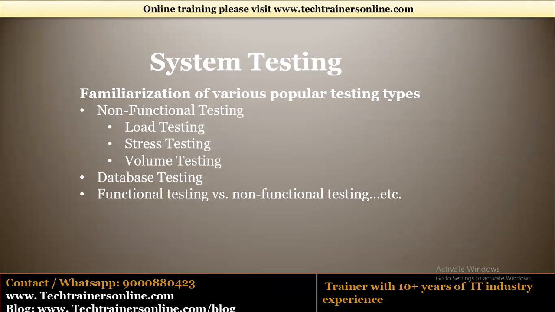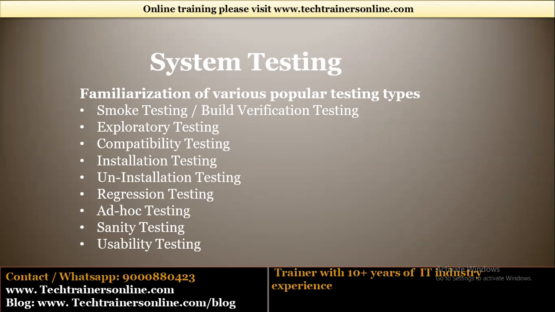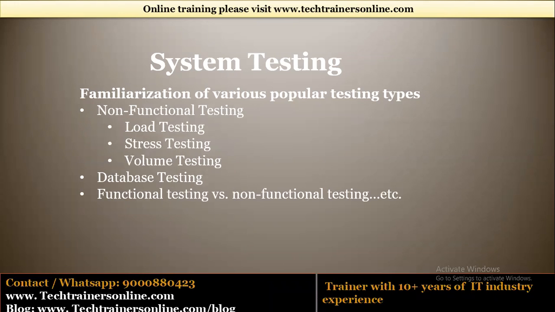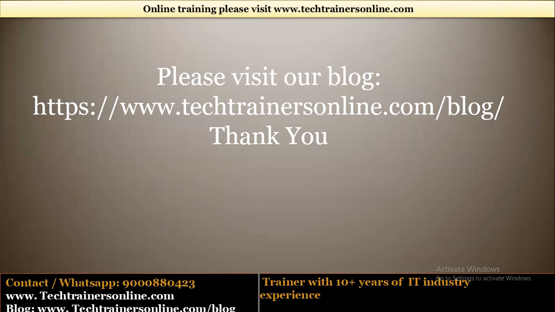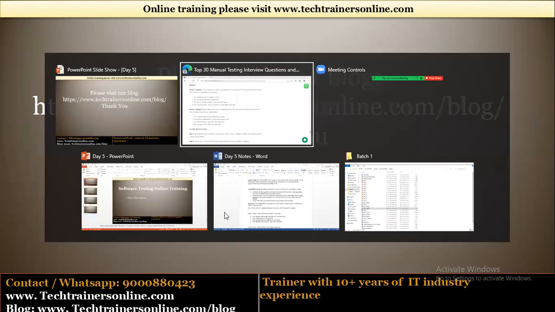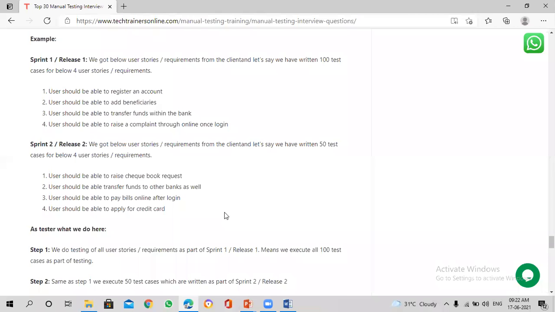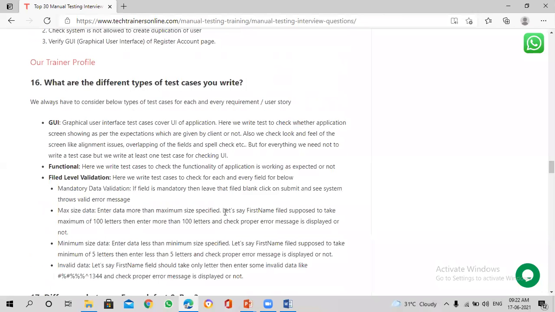The remaining ones are ad hoc, sanity testing, usability testing, and non-functional testing. We'll see functional testing versus non-functional testing. You can go through my blog, majorly the manual testing interview questions, and that would provide you most of the things we are discussing now.